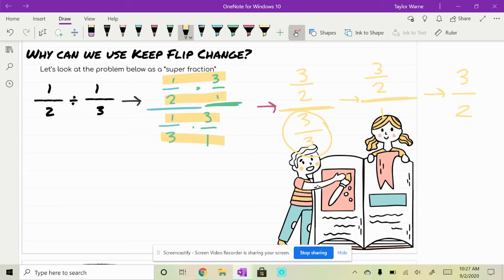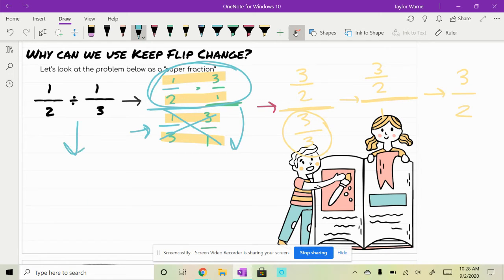So here, we multiplied by the reciprocal in order to get rid of our denominator. But we have to do to the bottom what we do to the top, and what we do to the top, we do to the bottom. So this 1 divided by 2 multiplied by 3 divided by 1, that allowed us to cancel out this denominator, and in turn, this is my keep, flip, change problem.